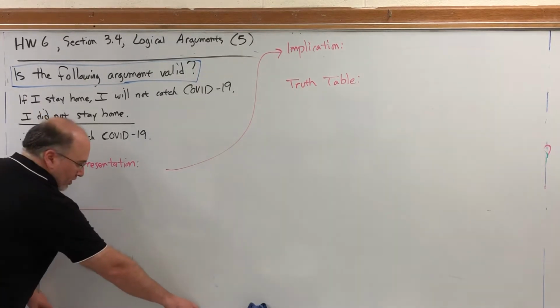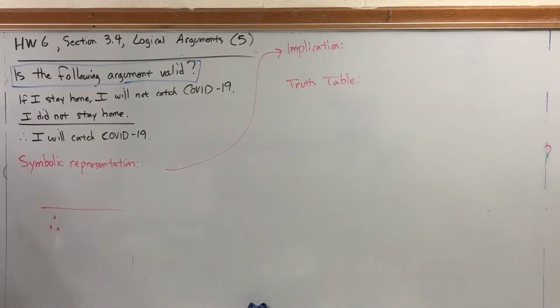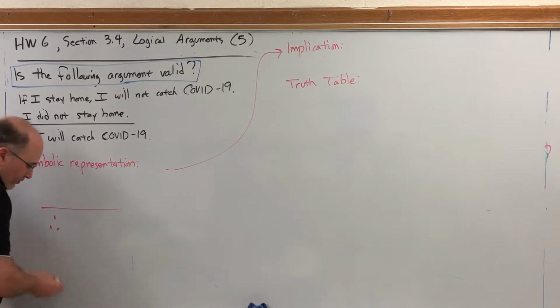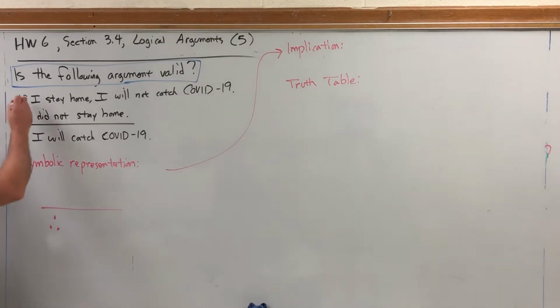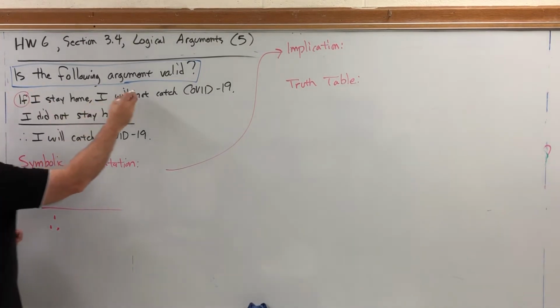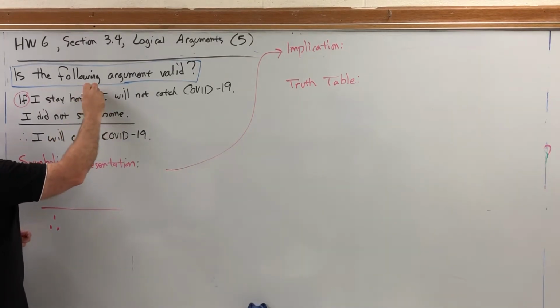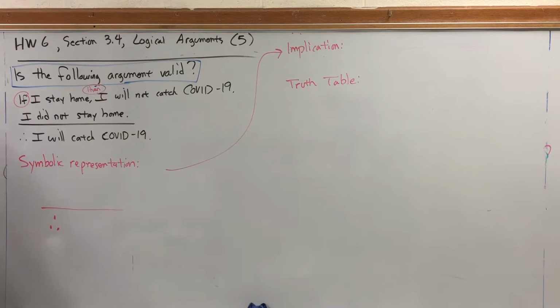And remember, when you translate statements into symbols, you want to look for simple statements to represent with a single letter. But let's start with the first premise, which is a conditional. If, okay, I didn't write the word then, but it's implied. That happens more often than you think.